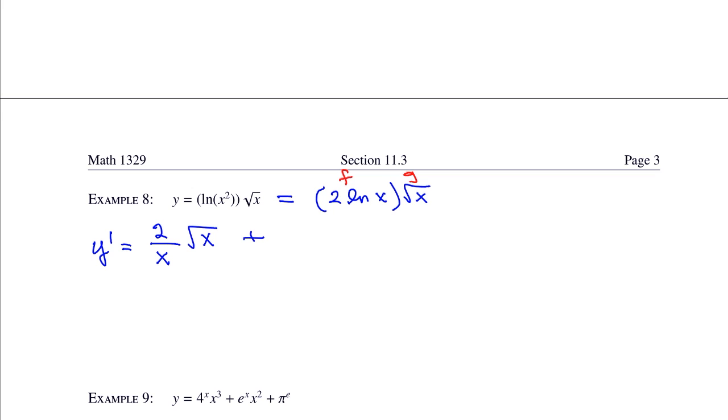plus the derivative of the square root function, which is 1 over 2 square roots of x, times 2 natural log of x, unchanged. What cancels? These 2's cancel. What about these x's over here? How do they cancel?